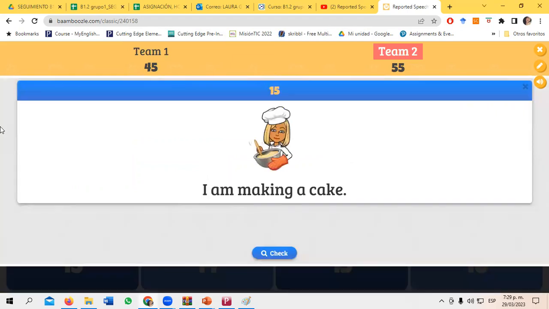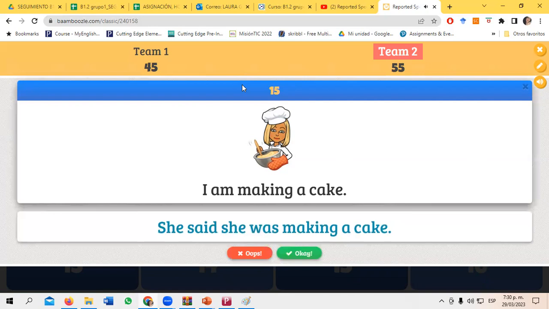Okay, she says, "I'm making a cake." She said that she was making a cake. Yes, correct. She said she was making a cake.